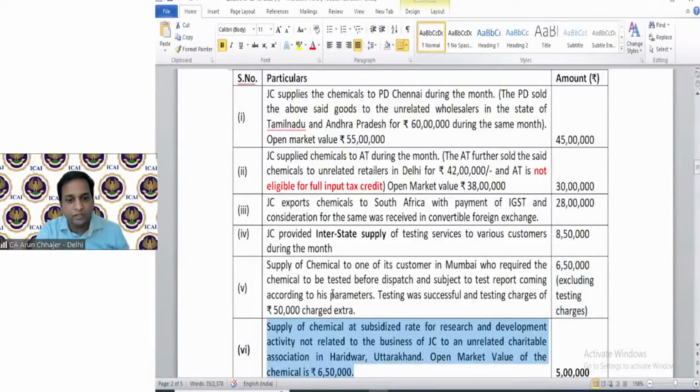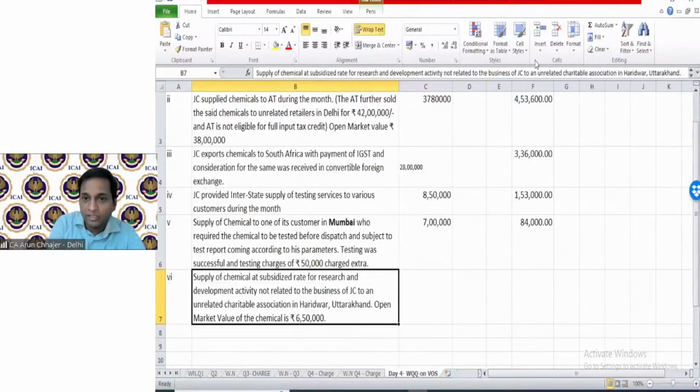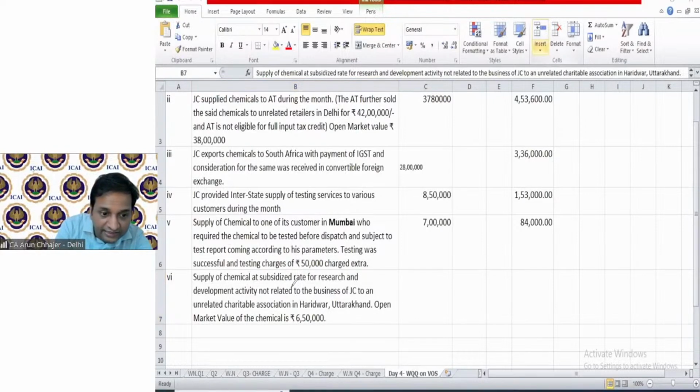Next is supply of the chemical at subsidized rate for the R&D activity not related to the business of JC to unrelated charitable association in Haridwar and open market value is 650. Because this question clearly says that it is not related, rule 28 will not come into the picture.